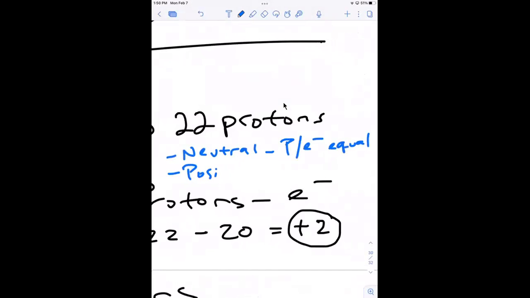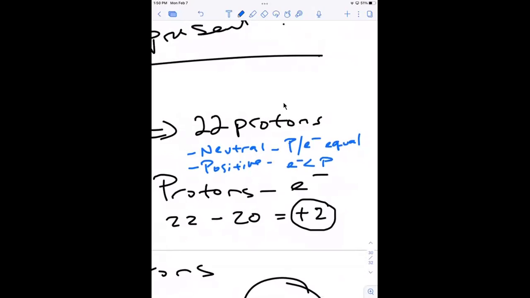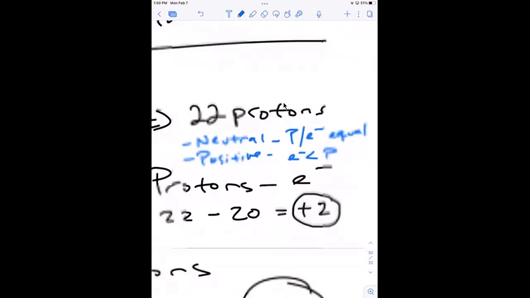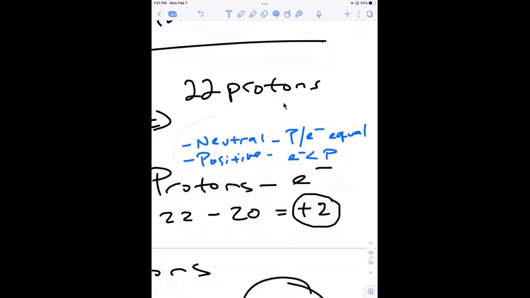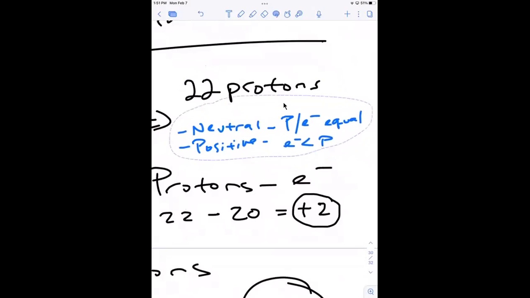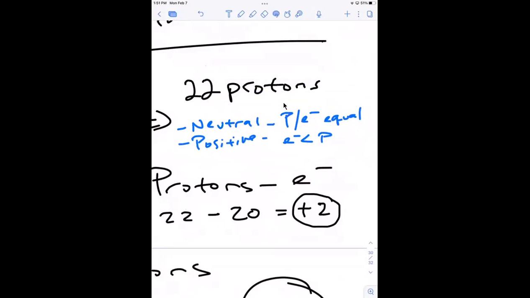Positive: they have fewer electrons. Everybody following that? Electrons are less than protons. We okay with that? And if it's negative, then the number of electrons is going to be greater than protons.